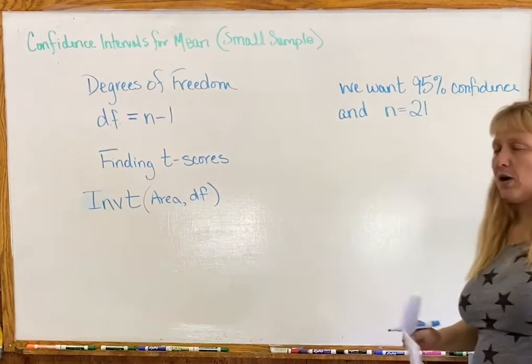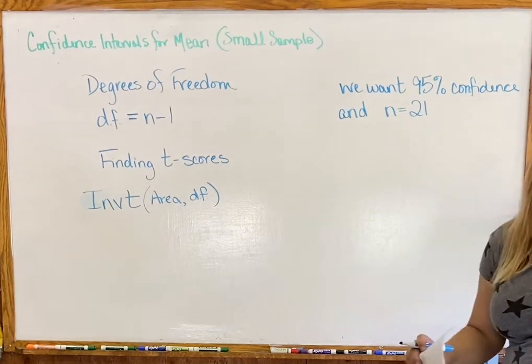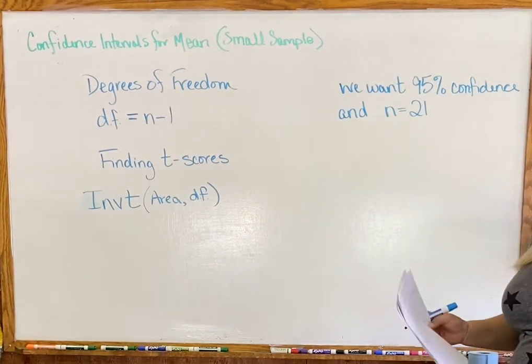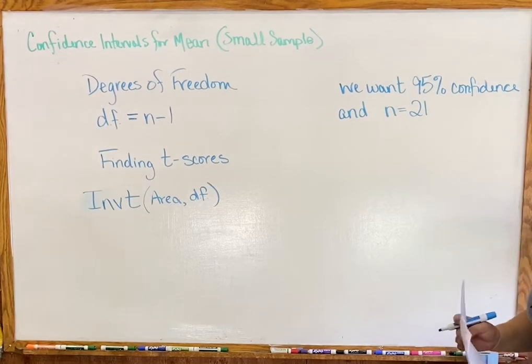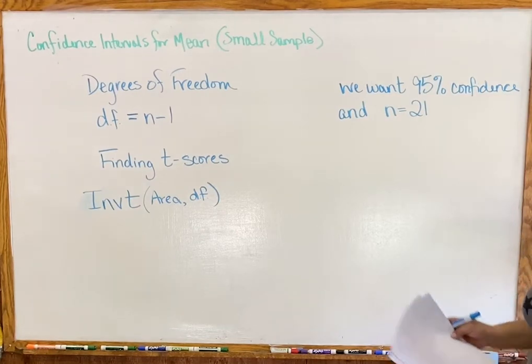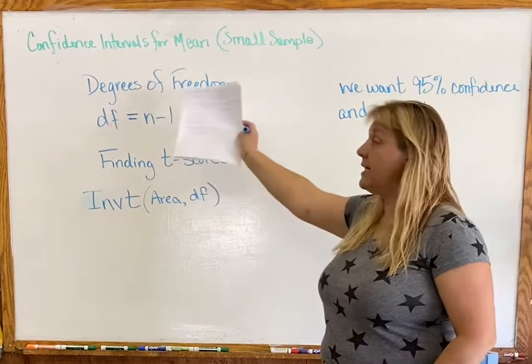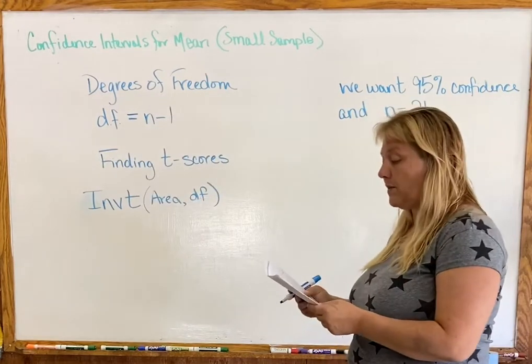So we're doing some problem, and it says find a 95% confidence interval, and oh no, the n is only 21. So this is not a z-score problem. This is going to fall into our t-distribution problems.